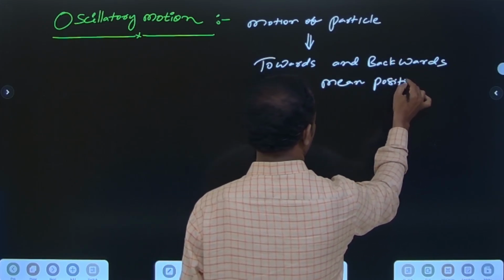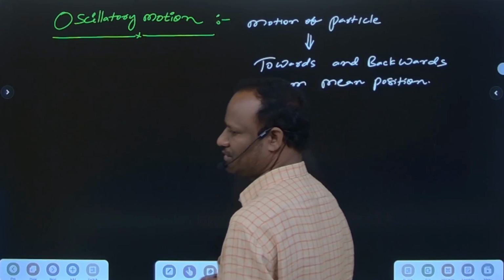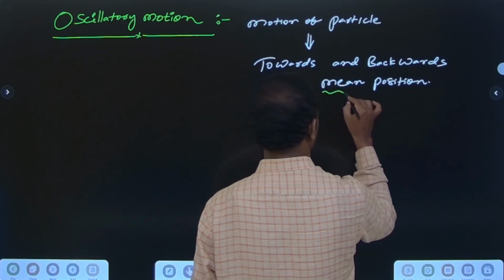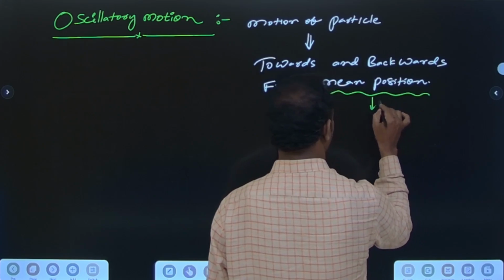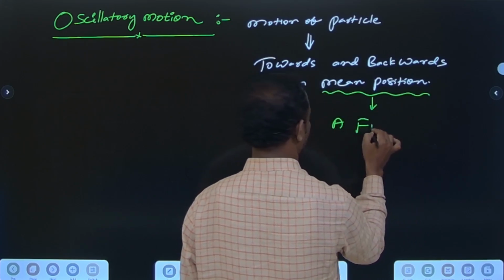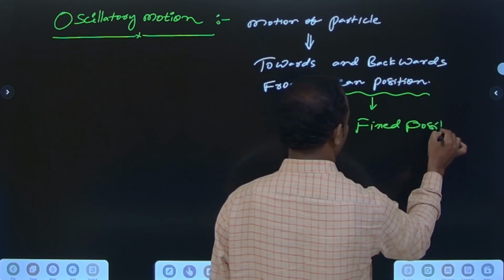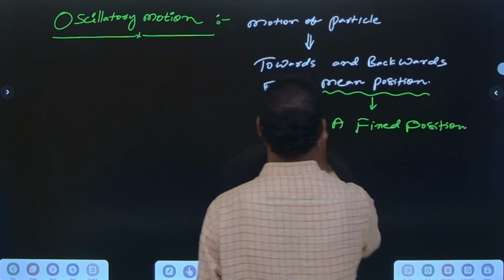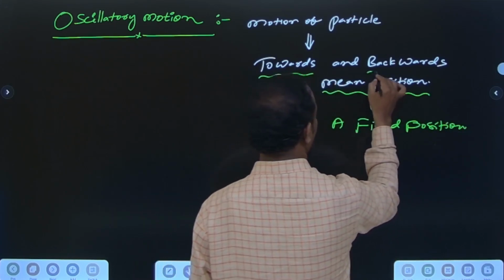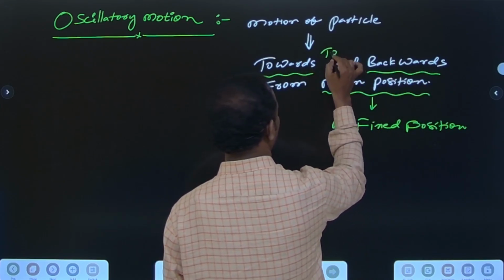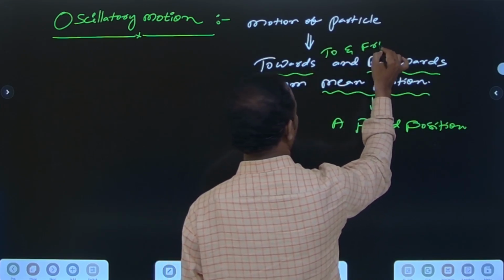Mean position means a fixed position. So this is towards and backwards. Towards and backwards means to and fro motion.